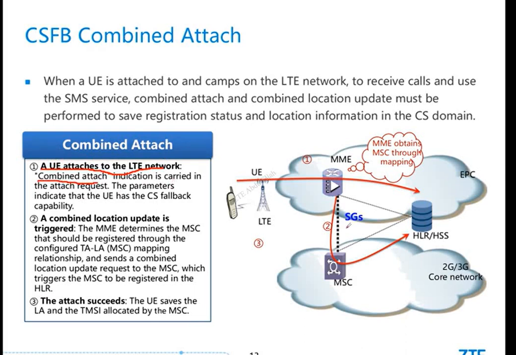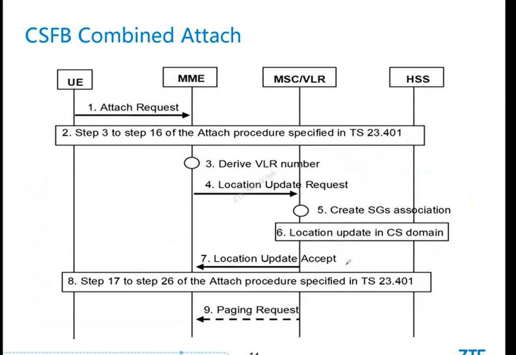Through the SGS interface it is sent to the 2G/3G MSC, and through the 2G/3G MSC sent to the HLR to do the combined attach. That means later when the UE falls back through the MME to the MSC, there is no need to attach again. And this is the combined attach signal flow.